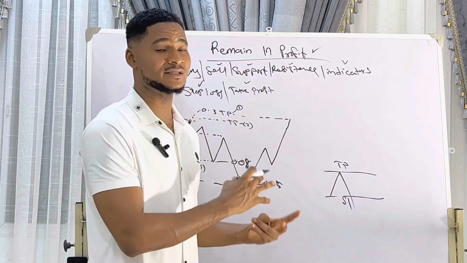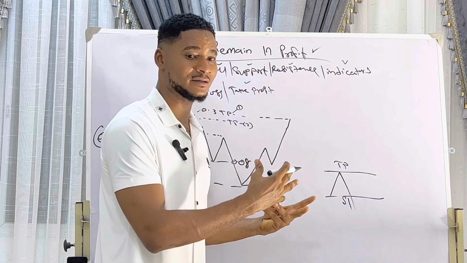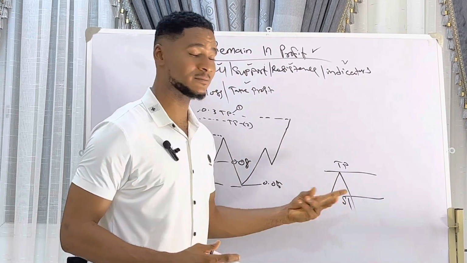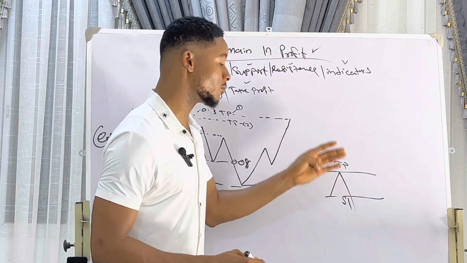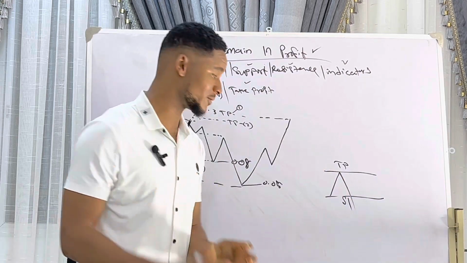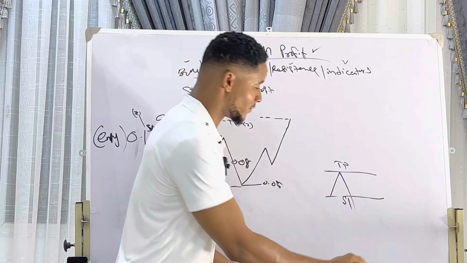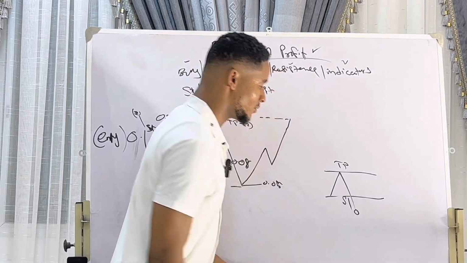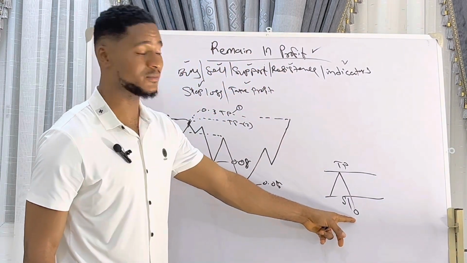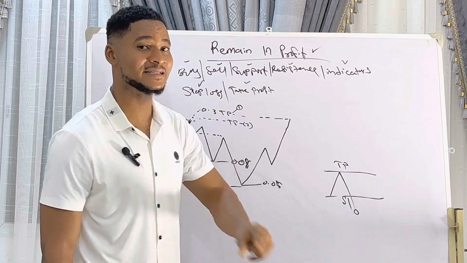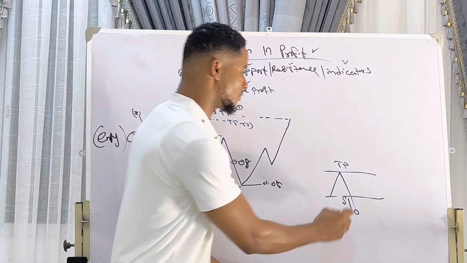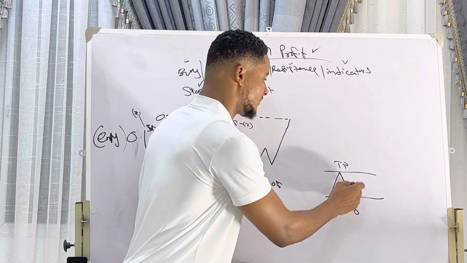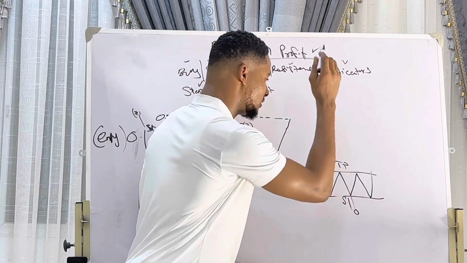Now, when there is great volume of dumping, or great volume from the sellers, it might push the price in nanoseconds, and when that price falls, it might affect your stop loss here, because that is the point the candlestick was pushed down to. So you can also have that for your take profit.